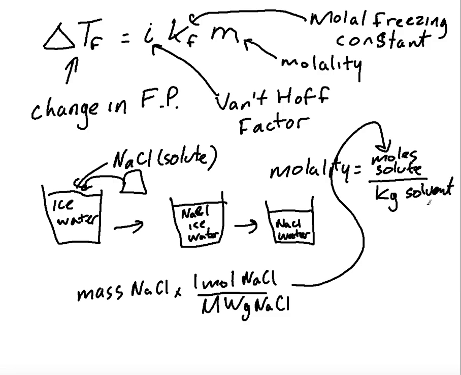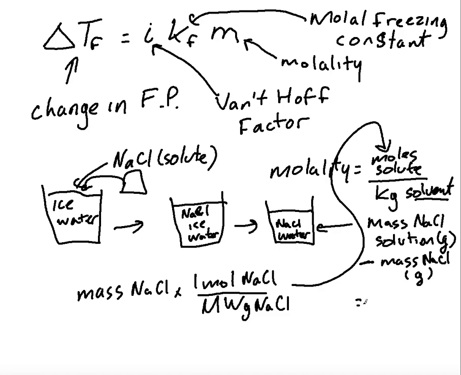Now the kilograms of solvent, now it's important that it's solvent, not solution. So the solvent here is water. In order to get the water, I'm going to have to do a subtraction. I'll have the mass of the NaCl solution, which will likely be given in grams, and I'll have to subtract the mass of the NaCl, which will also be in grams, which will give me the mass of water, which is in grams.